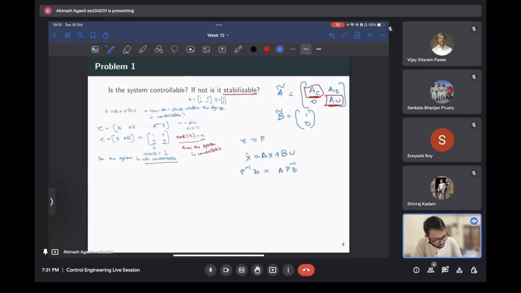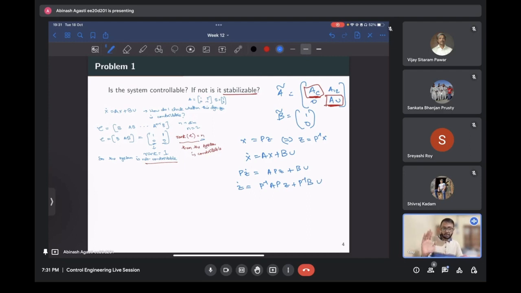Let's take x equal to Pz, such that z equal to P inverse x. So here x dot, which is P z dot, equals APz plus Bu. So this gives me z dot equal to P inverse APz plus P inverse Bu.